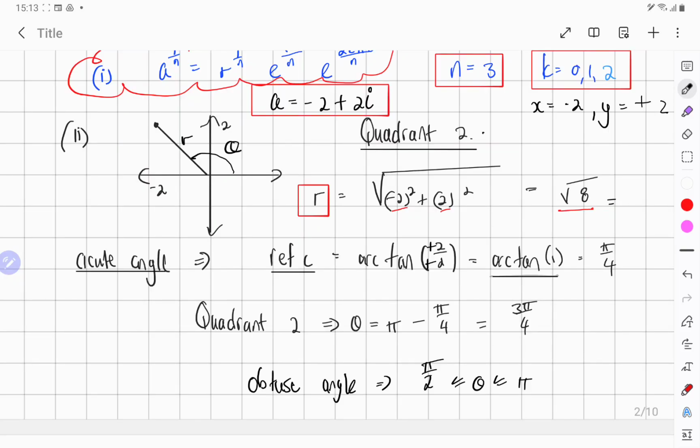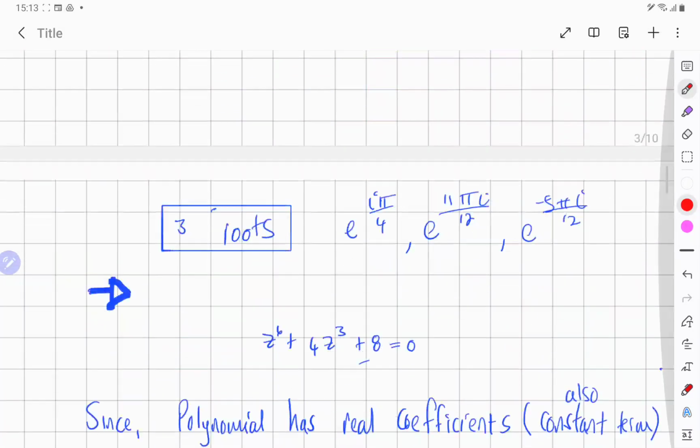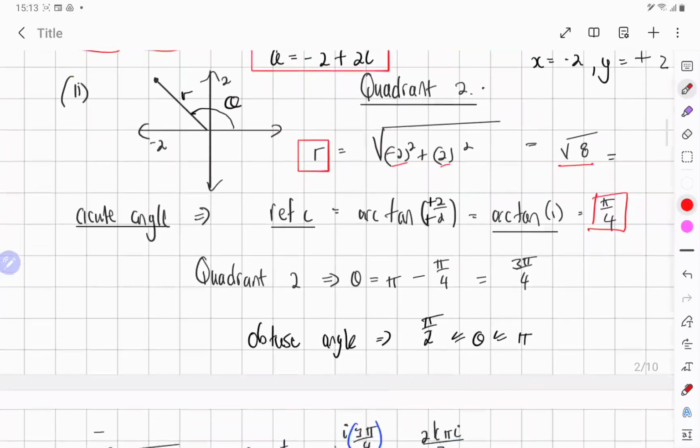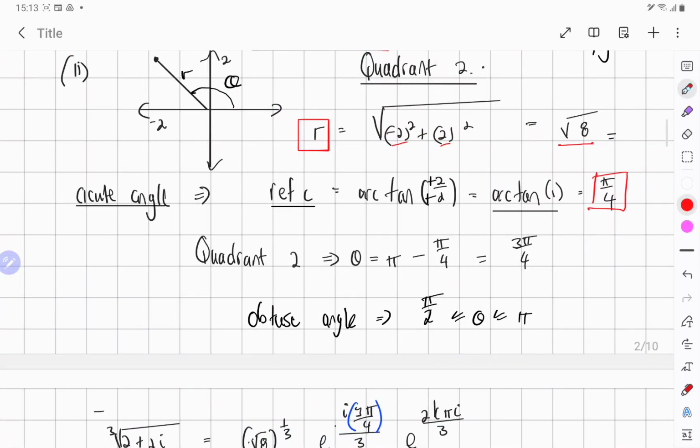I get arctan of 1, which is pi over 4, and I hope all of you by now are familiar with your special angles. We will use special angles quite a lot, and just recall from the first video that for now I prefer to do the triangles.